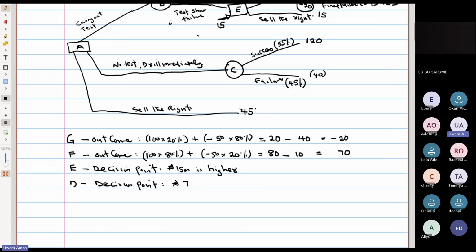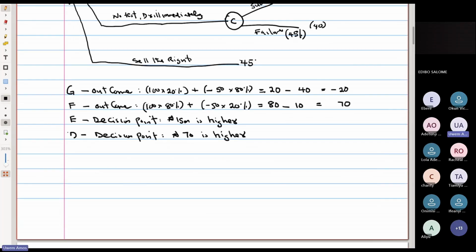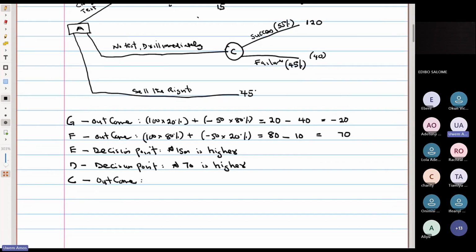So we need to choose. 70 is higher. Okay, so that brings us down to C, which is an outcome. So it is very important to use the right symbol. Otherwise, you're going to get it wrong with the evaluation. So the individual values are multiplied by the probability, and then we sum it up. So 120 is 55%.